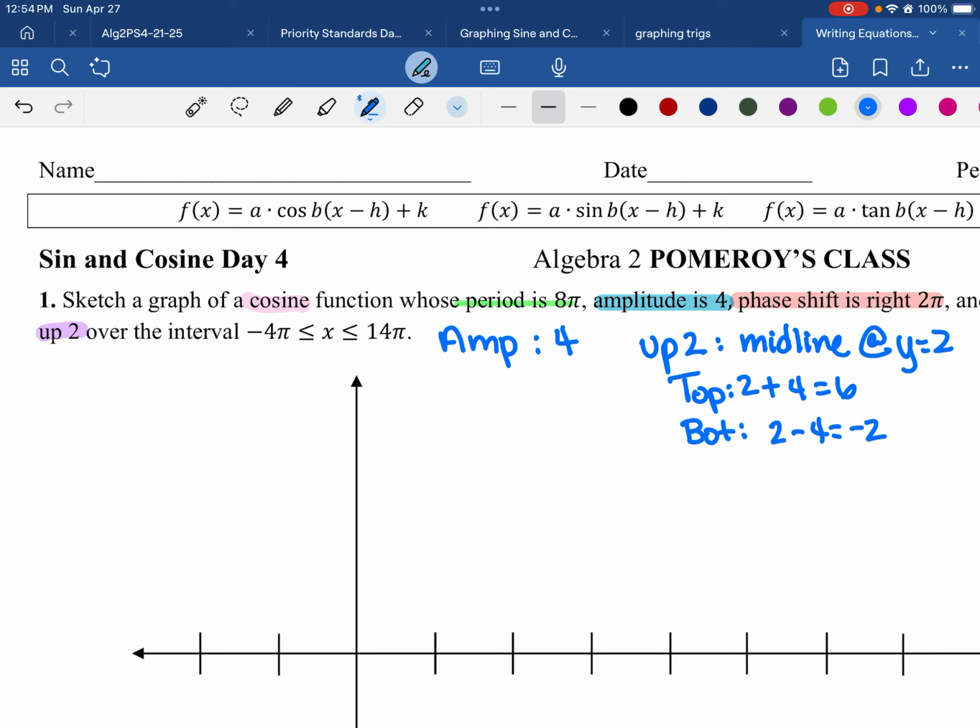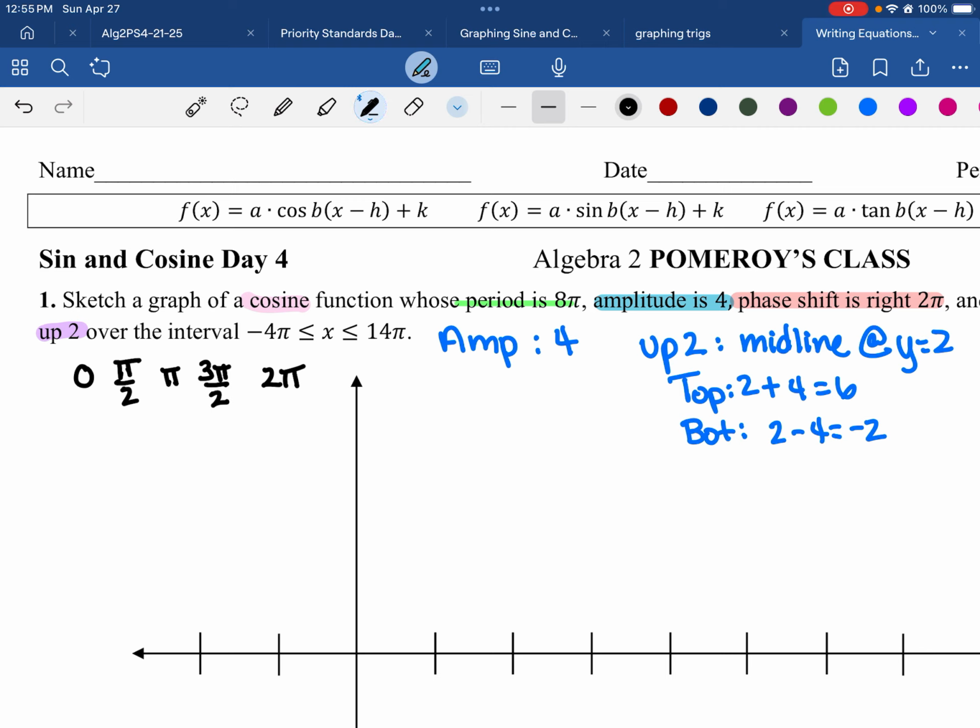My period is 8 pi, so for that, I'm going to go over here to the left side and go 0, pi over 2, pi, 3 pi over 2, and 2 pi. And you can do this 2 different ways.